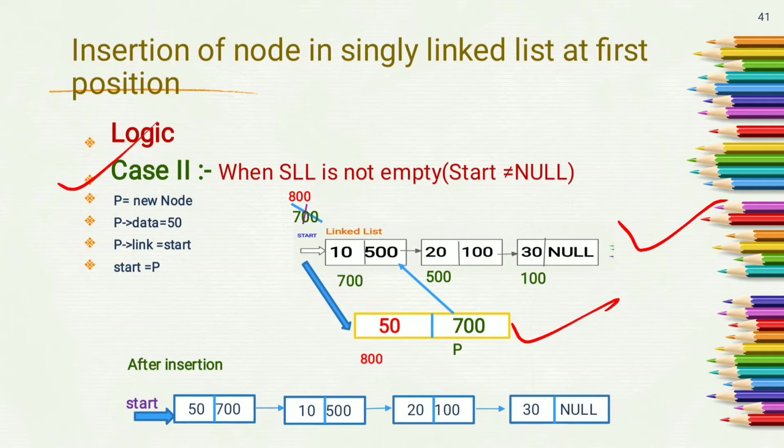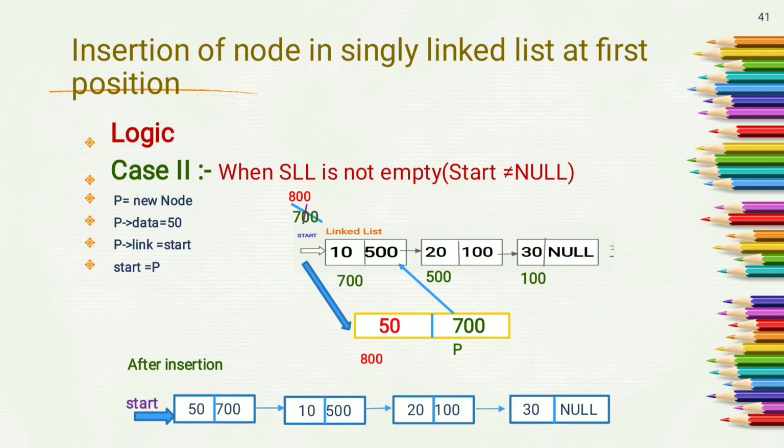P link equals start, because when this node becomes the first node, the next node of this node will be the first node of the current singly linked list, and the address of this node, 700, is stored in the start pointer, because start always stores the address of the first node. So with the help of start, we store the address of the first node into the link part of p.